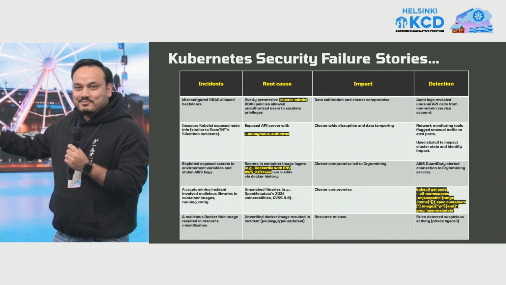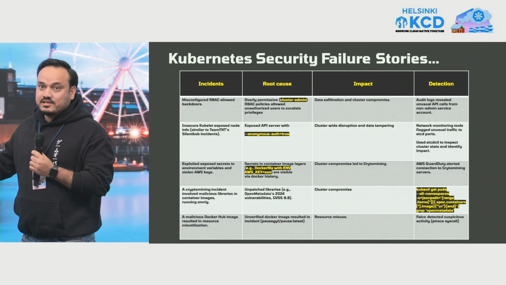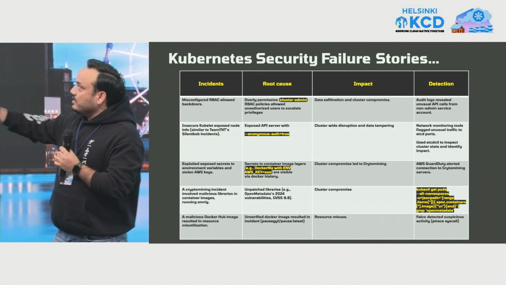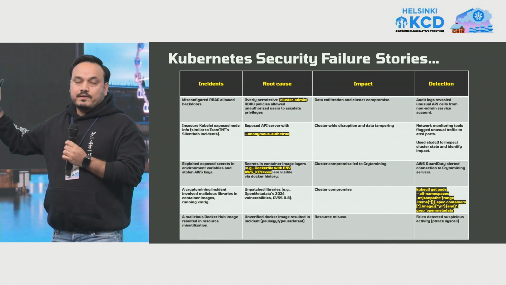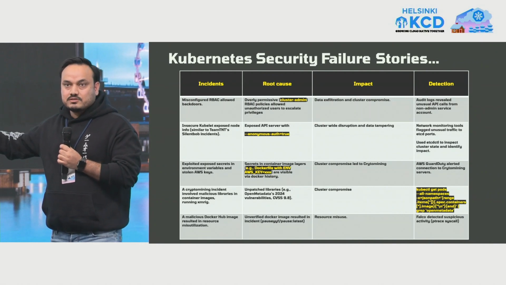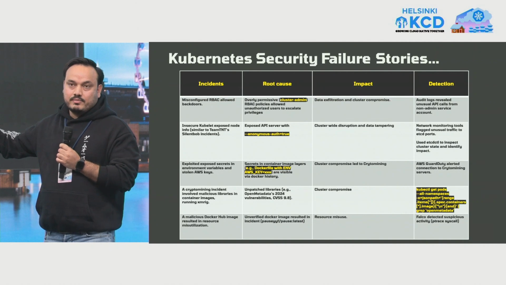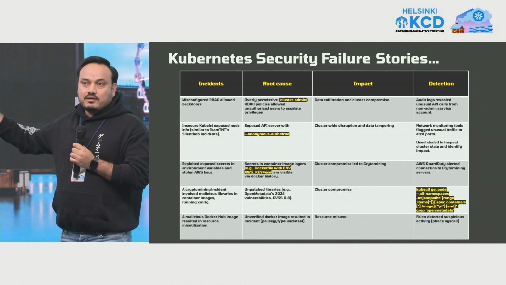I wanted to talk about the real life incidents which I have seen in production, which basically, exposed APIs, non-authenticated dashboards actually being exploited by someone who found them out, right?